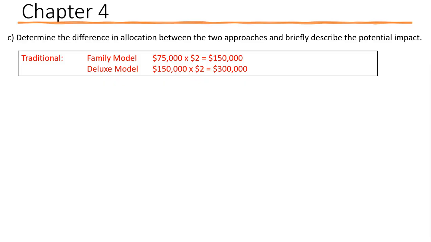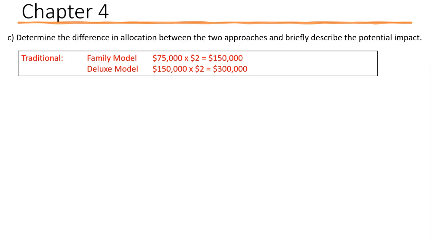So we multiply that by $2 to get $150,000 of overhead assigned to the family model. The deluxe model, $150,000 of direct labor costs, $2 per direct labor dollar, $300,000 allocated to the deluxe model. So we took our $450,000 and broke it up this way.